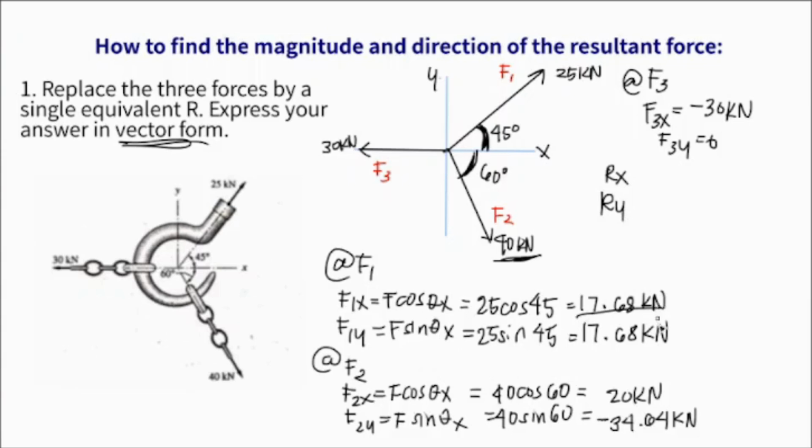Rx is 17.68 plus 20 plus negative 30, which is 7.68 kilonewtons. Ry is 17.68 minus 34.64 plus 0, which is negative 16.96 kilonewtons.